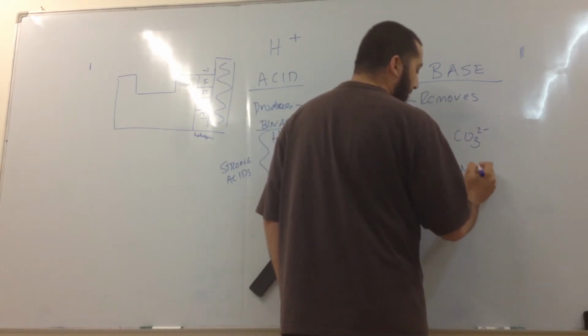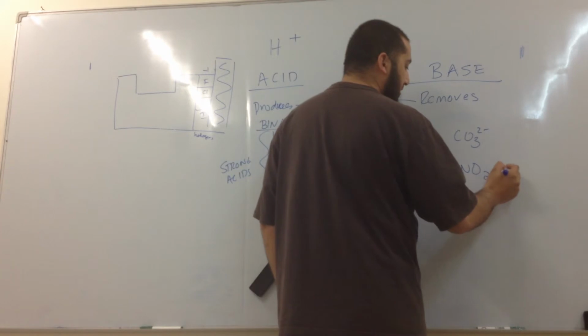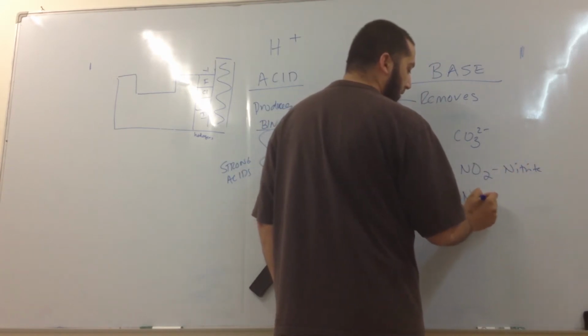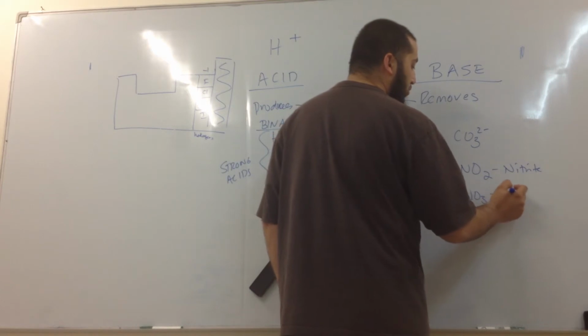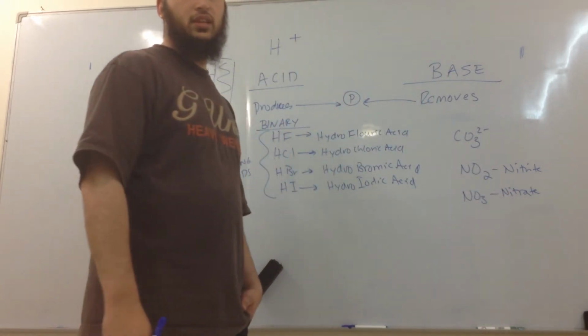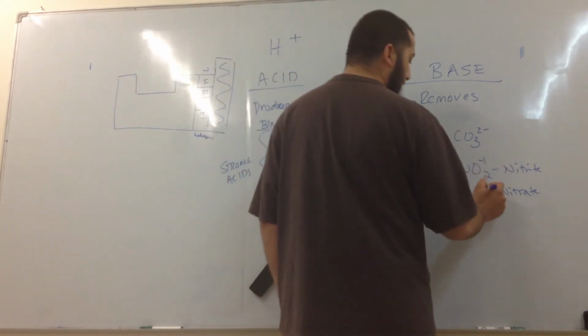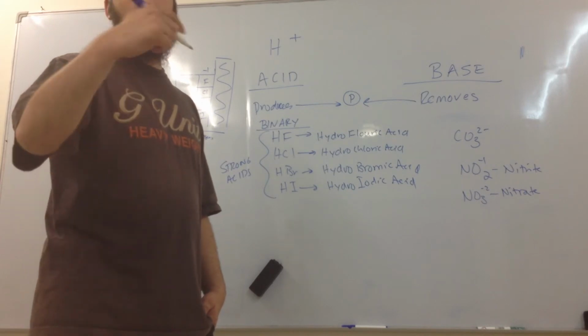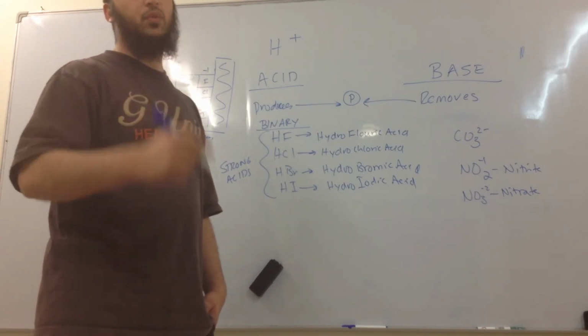What else do we have? We have nitrite, and this is what? Nitrate. So this is -1 and this is -2. Do you remember this? You have to go back and review your polyatomic ions. It's going to become important again.